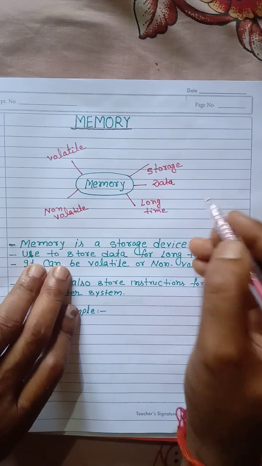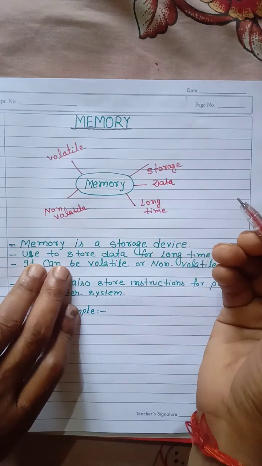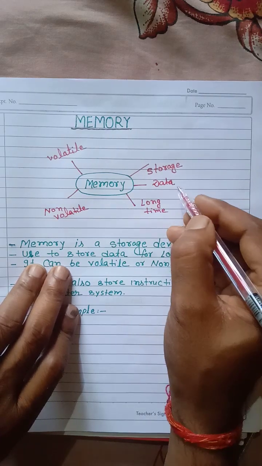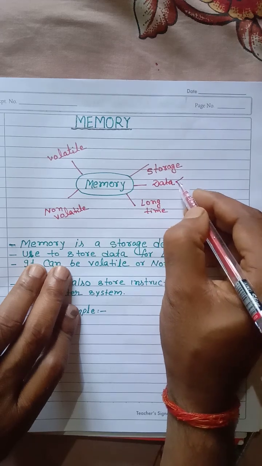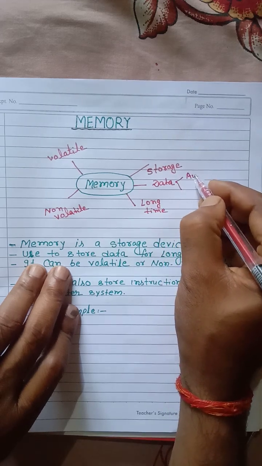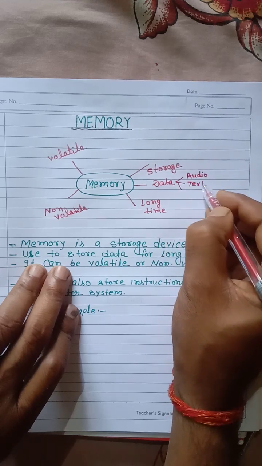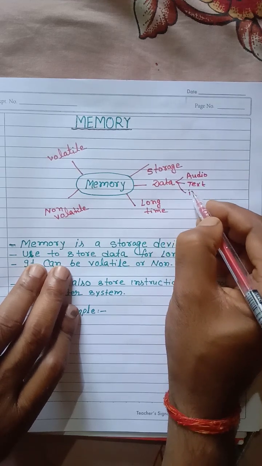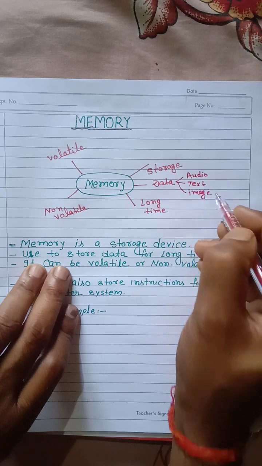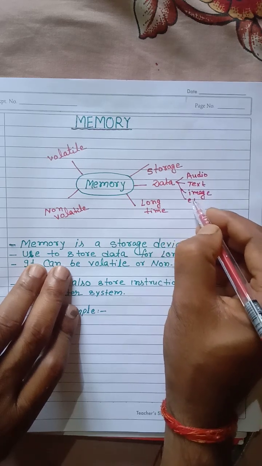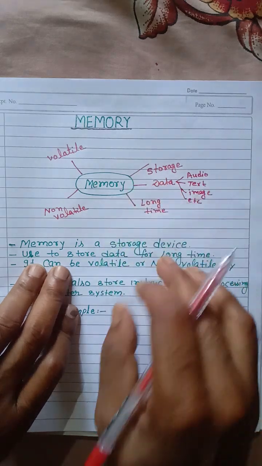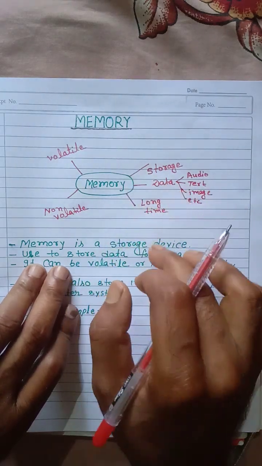Data means anything. Data can be audio, video, text, image, anything. So we can write here: data can be audio, text, image, etc. So memory is used to store data.